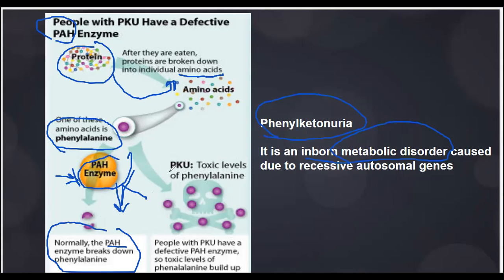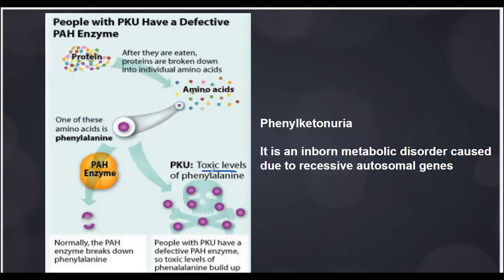So what happens over a period of time? More phenylalanine gets accumulated in your body, and a toxic level of phenylalanine is reached.